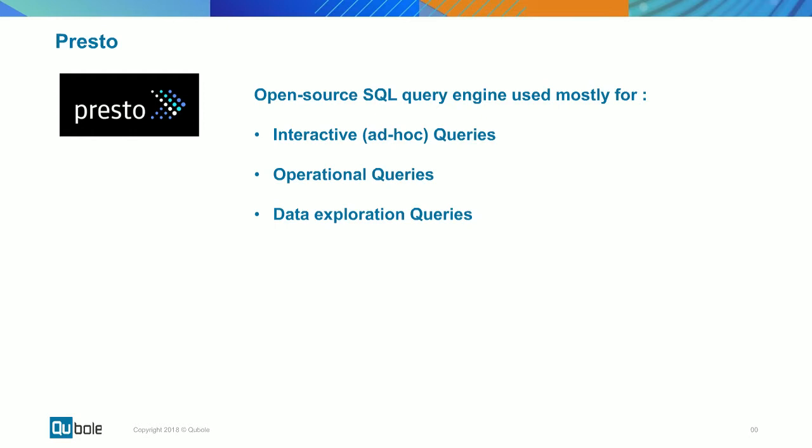Now, Presto is the third engine, and it's an open source SQL query engine. It's been optimized to run SQL, and it's very good for interactive ad hoc queries. Also operational queries, supporting business intelligence tools such as dashboards and so on. And also to explore data sets that could be very large.